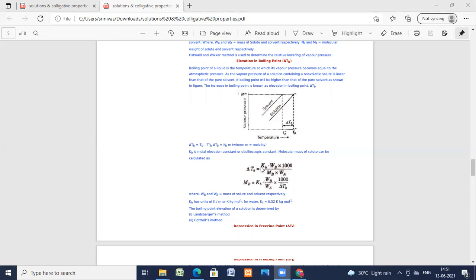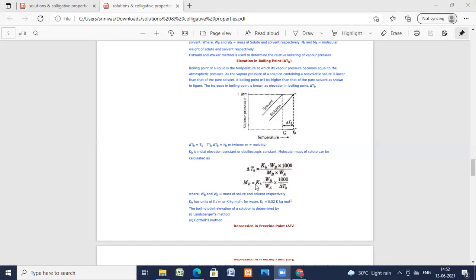So MB is equal to KB into WB by WA into 1000 by delta TB. Using this formula, we can calculate the molecular weight of the solute. This is the second colligative property using which we can calculate the molecular weight of the solute.